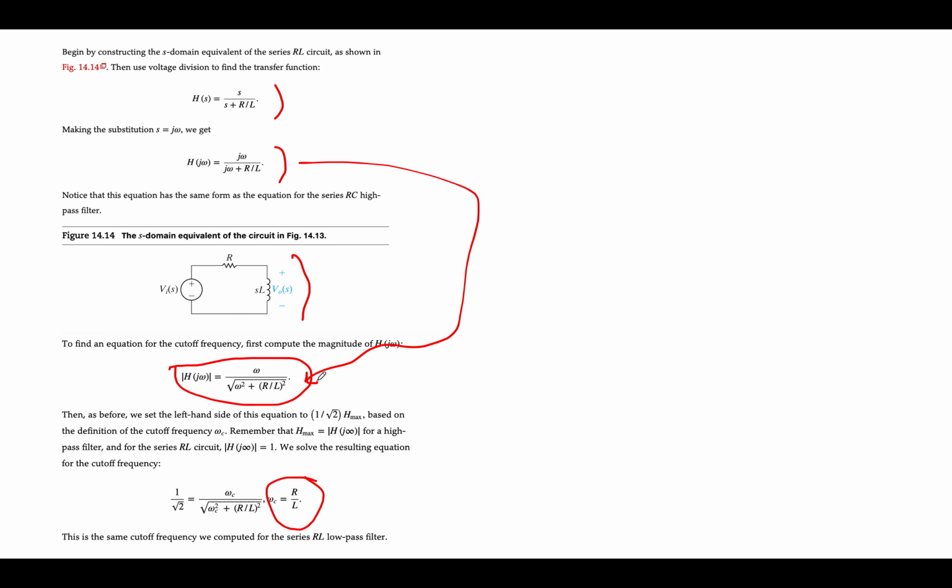And by the way, that is the case for any and all circuits and filters. If you want to know the behavior of the system at a particular frequency, you find the magnitude of H of j omega, plug in the frequency, and that gives you the response. In fact, you can even use the complex form, plug in your omega, and get both the magnitude and the phase, because sometimes phase is important.